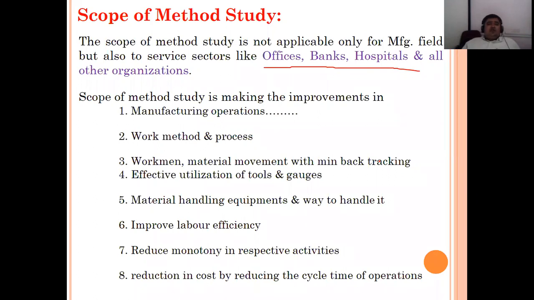Is it right? So whenever we go to banks, different counters are there. Let's say a deposit counter, a withdrawal counter, one window counter, or other counters may be there.